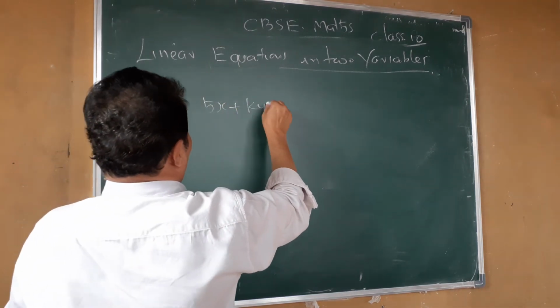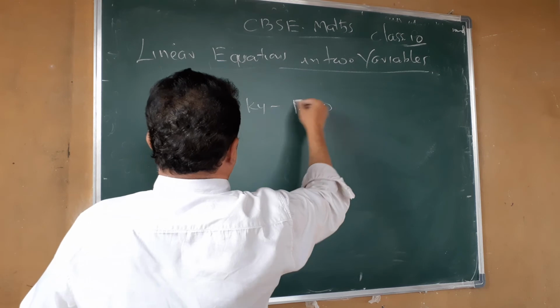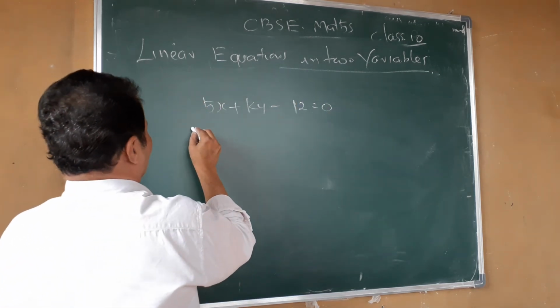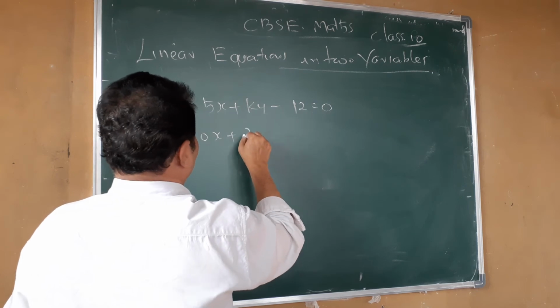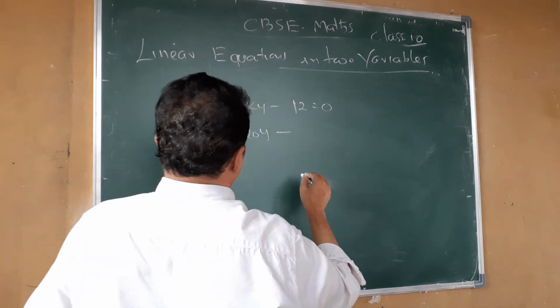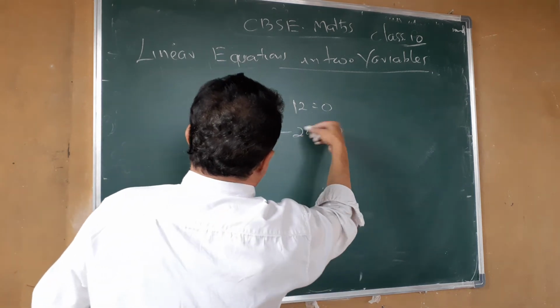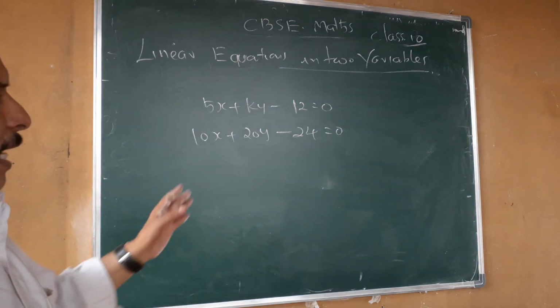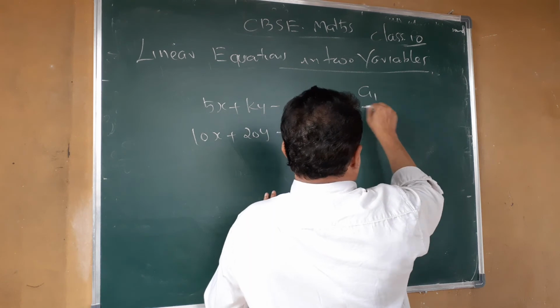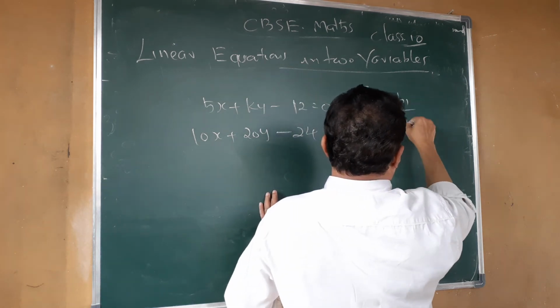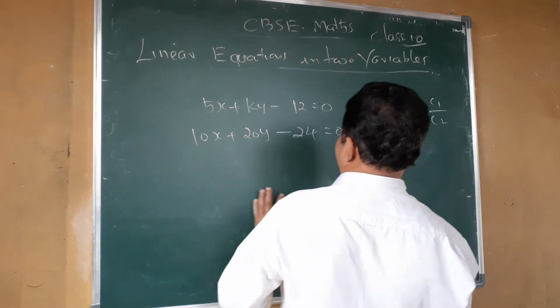5x plus ky minus 12 equal to 0 and 10x plus 20y minus 24 equal to 0. There are infinite number of solutions. Find the value of k. Your condition is a1 by a2 equal to b1 by b2 equal to c1 by c2.